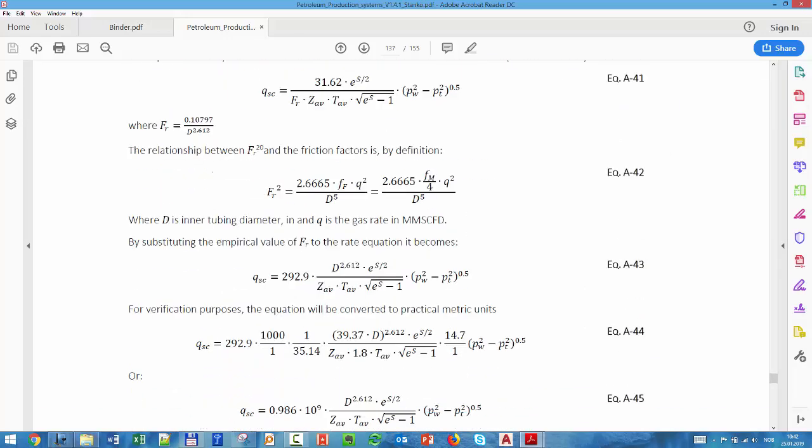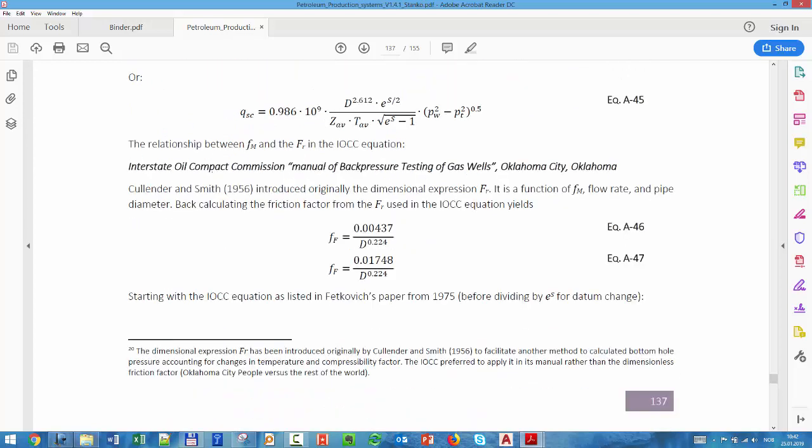That relationship should be someplace here. Okay, Kullender and Smith.